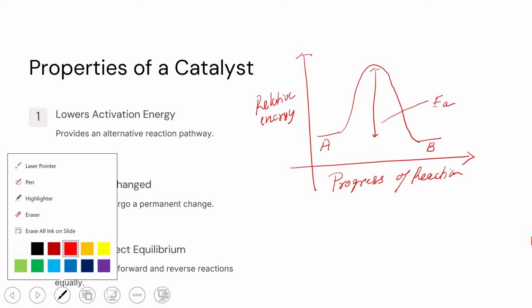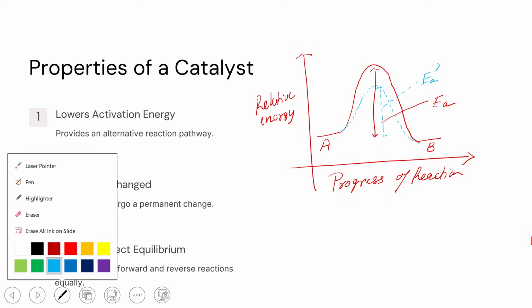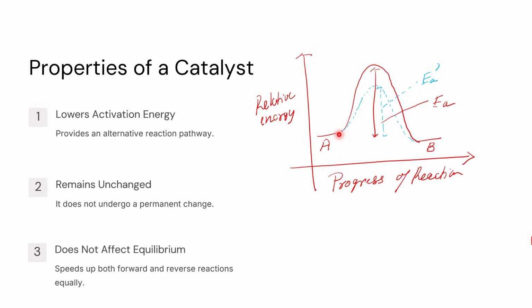Now for the same reaction, suppose I add a catalyst. It provides an alternative reaction pathway so that the energy required to perform the same reaction is lowered, and in this case the energy required is EA dash. So as you look carefully at this scenario, when you are moving the reaction in the forward direction from A to B, the energy required is lowered in the presence of the catalyst. So the rate constant of the forward reaction increases.